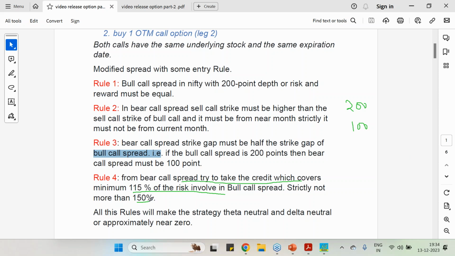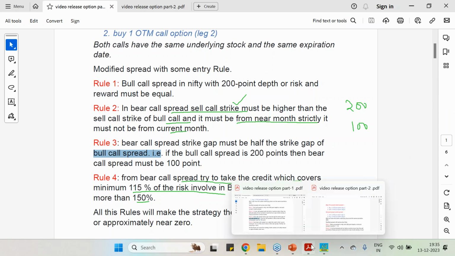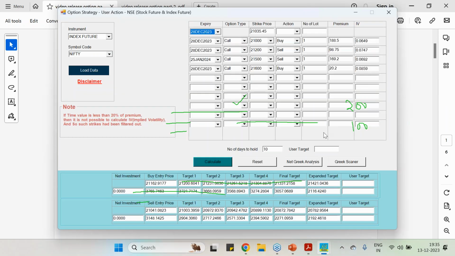And here also, the bear call spread sell call strike must be higher and it must be from the next month. Strictly, it must not be from the current month. My risk in this strategy, the first one, the bull call spread, is 90 rupees.